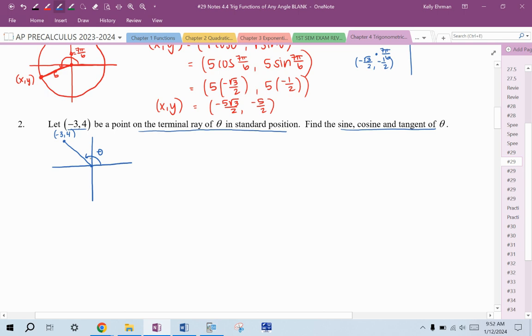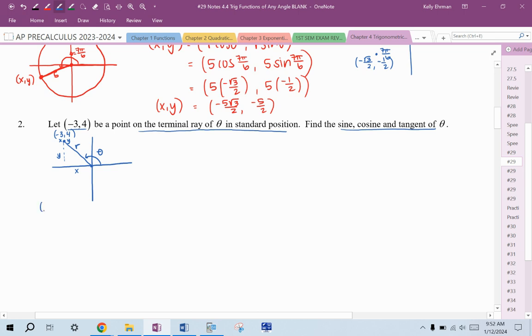Now, to find sine, cosine, and tangent, we need the value of r. We have x and y. We're just missing r. Now, remember, this does form a little right triangle. We have x and we have y. So x squared plus y squared is equal to r squared.